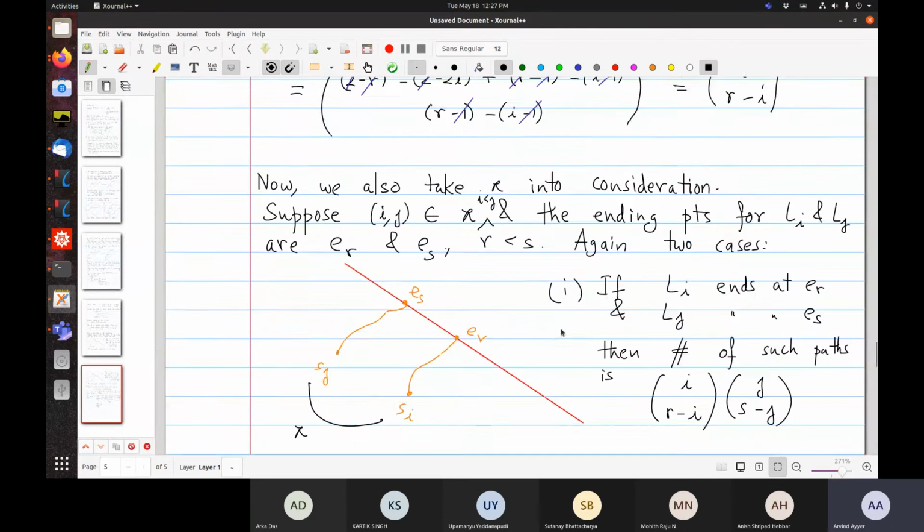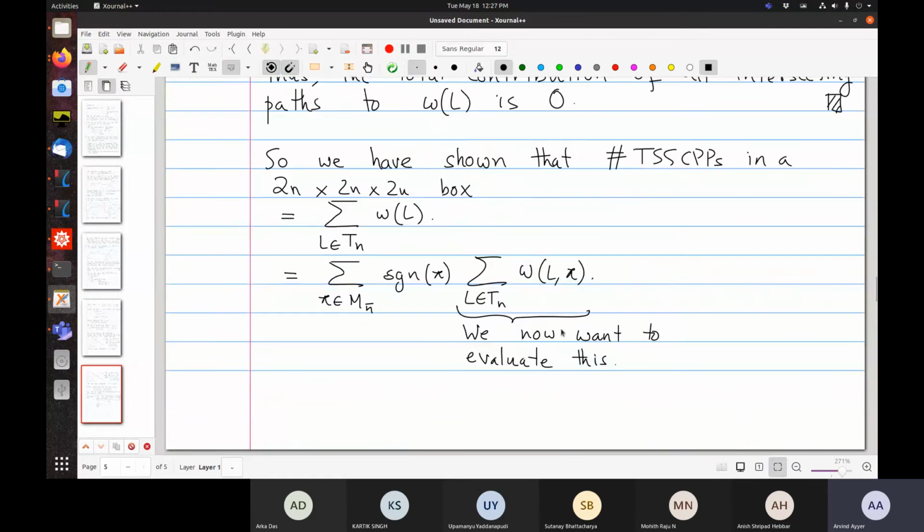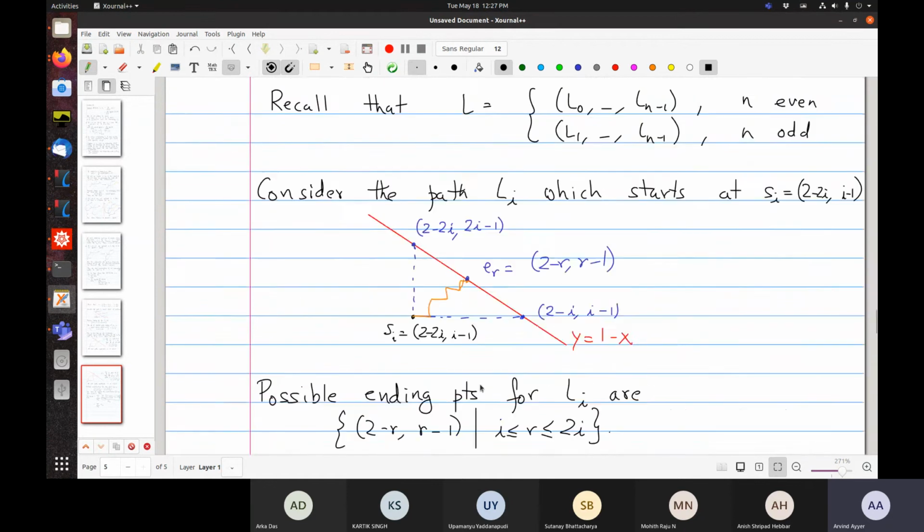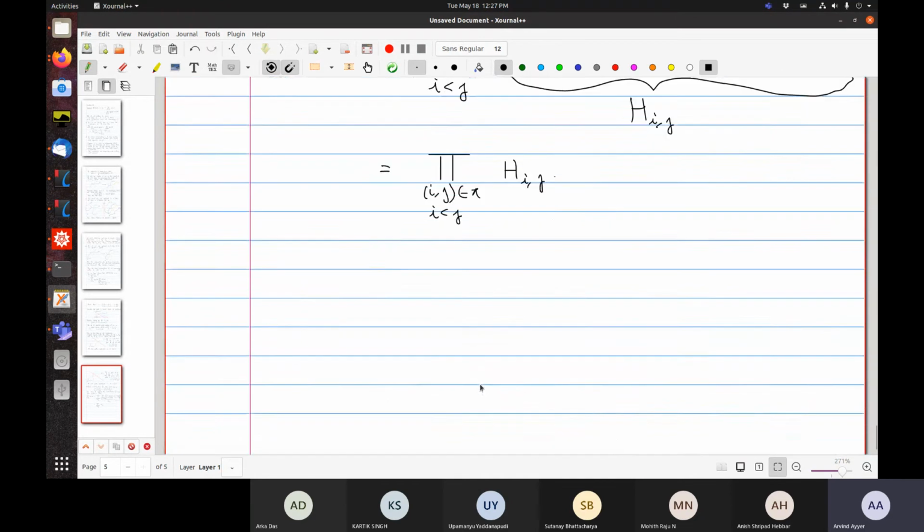And so we have expressed this sum in terms of a product of things which purely involve pairs Ij, pairs Ij belonging to pi. Right? So that is what we have shown.